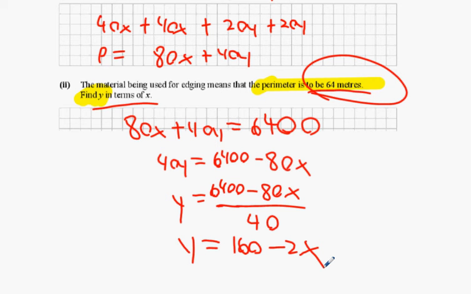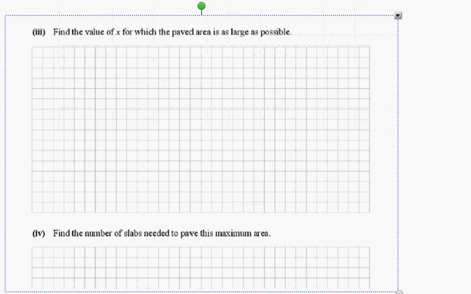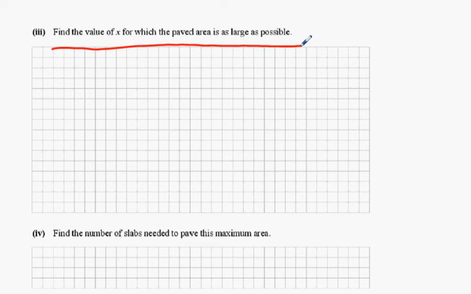Okay. Now we can move on. Find the value of x for which the paved area is large as possible. What does large as possible mean? Give me another word for that.